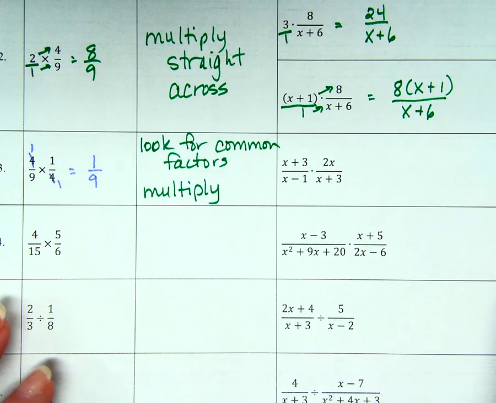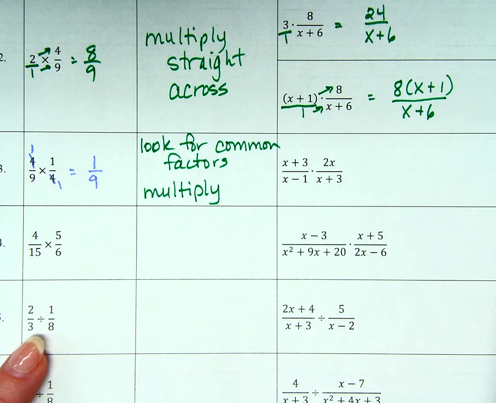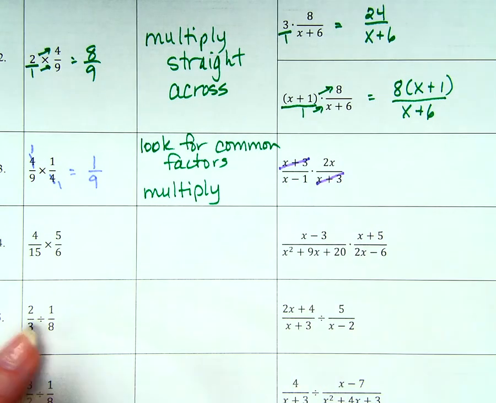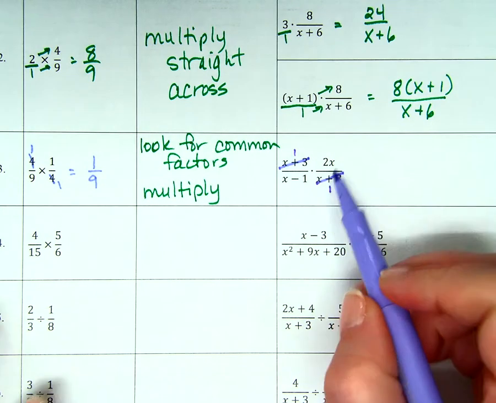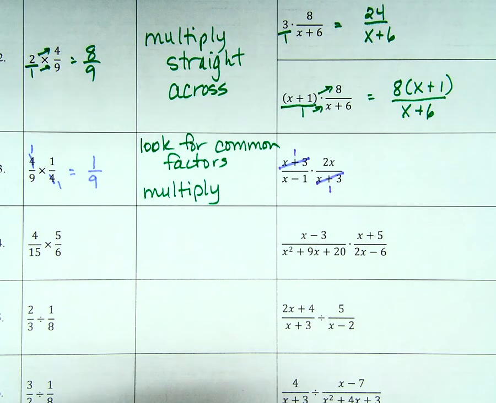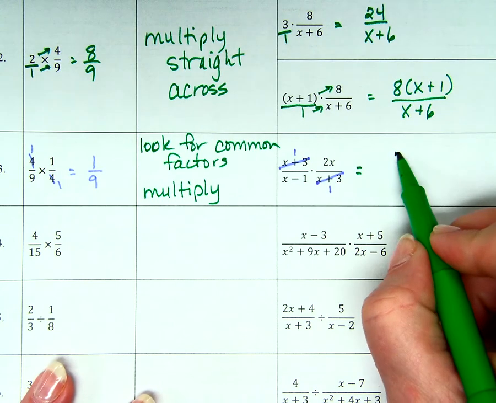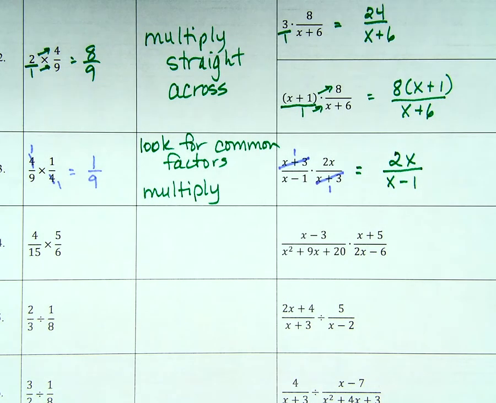I could multiply straight across, or I could notice that both numerator and denominator have an x plus 3, right? Here's an x plus 3 here, here's an x plus 3 here. Now they both simplify to 1, don't they? Because x plus 3 divided by x plus 3 is just 1. So what do I end up with as my answer? 2x over x minus 1.